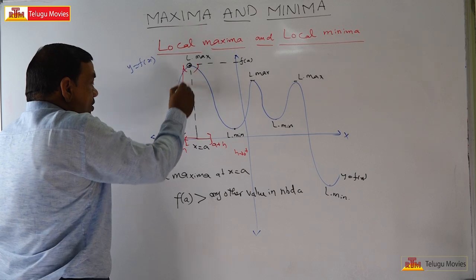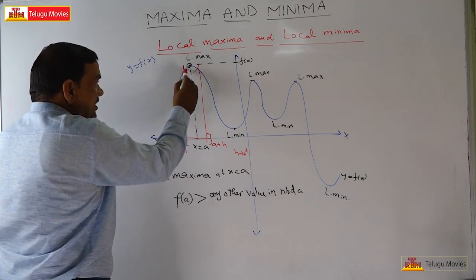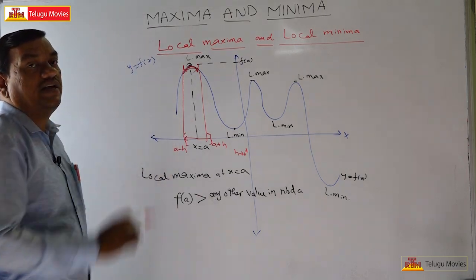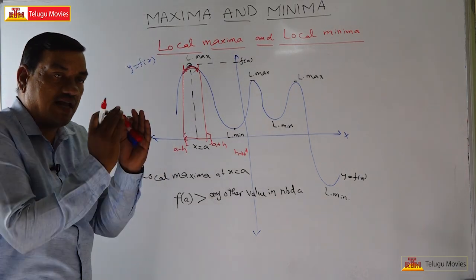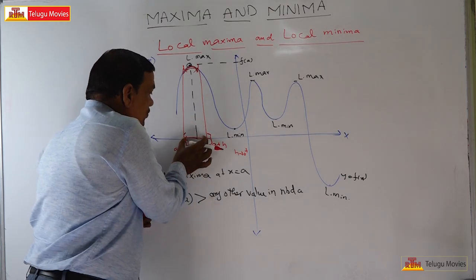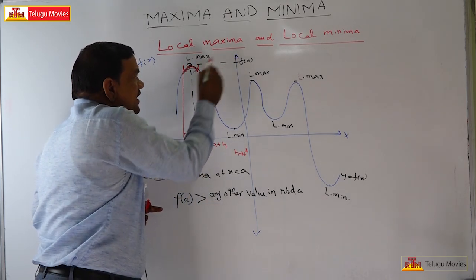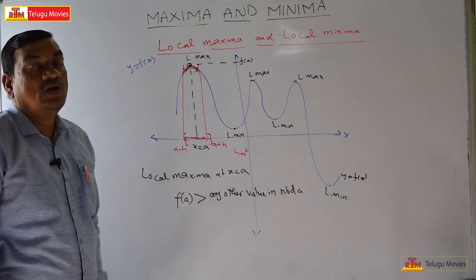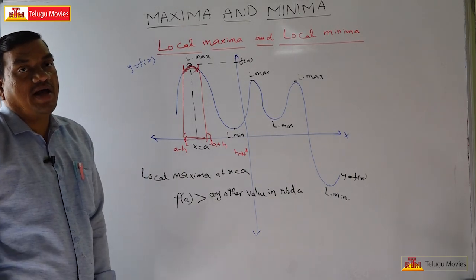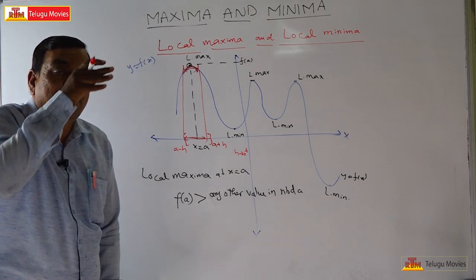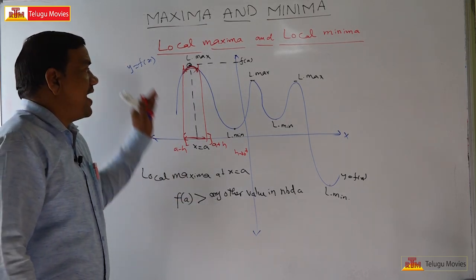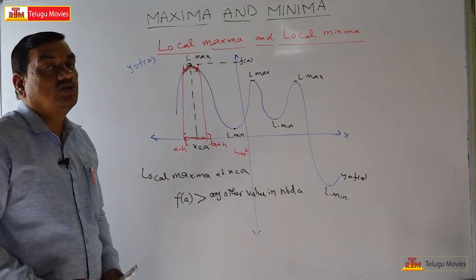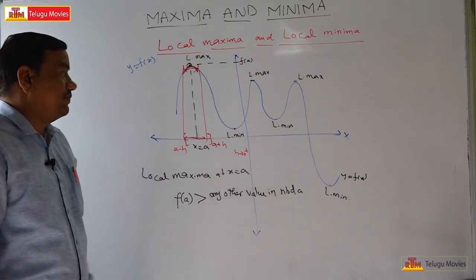In this neighborhood, f of a should be greater than the other values. That is called local maximum. That means the curve takes a turn from maximum to minimum. This is called local maximum.